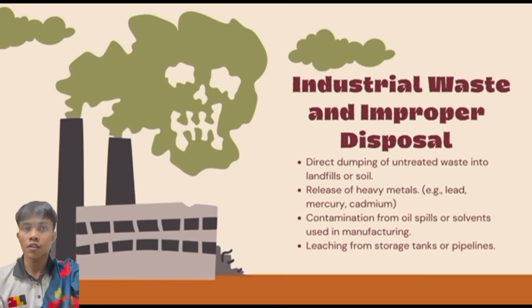Second, industrial waste and improper disposal: direct dumping of untreated waste into landfills or soil, release of heavy metals such as lead, mercury, cadmium, and contamination from oil spills or solvents used in manufacturing, seeping from storage tanks or pipelines.